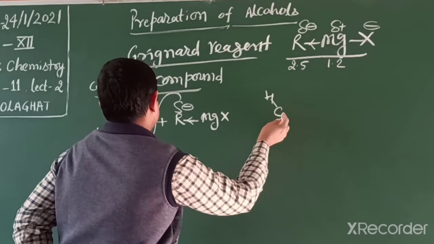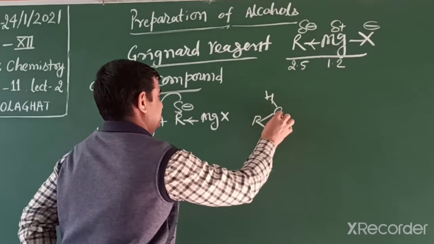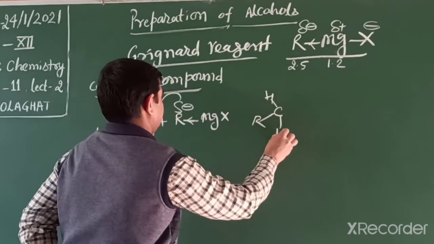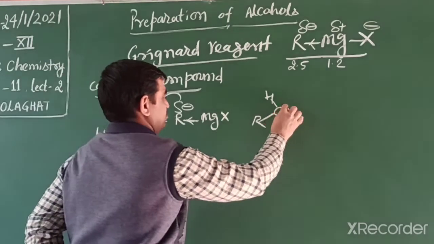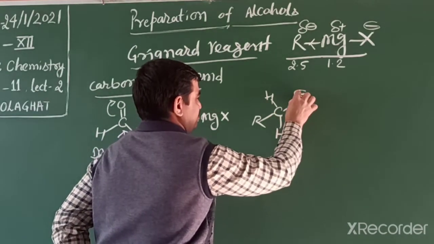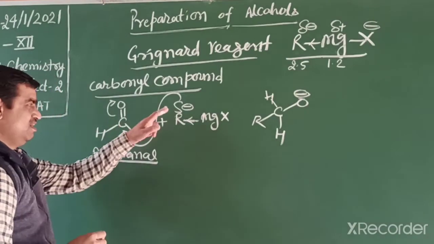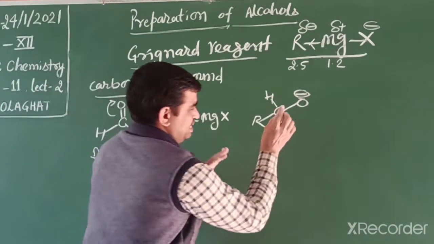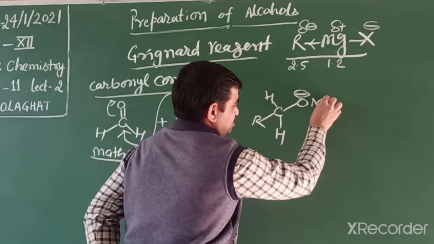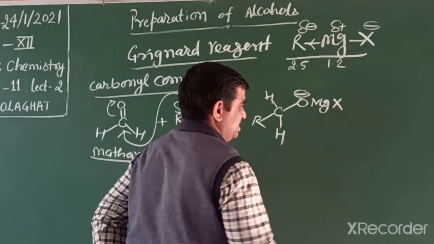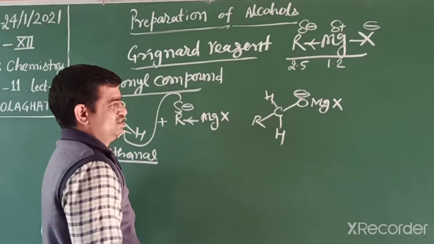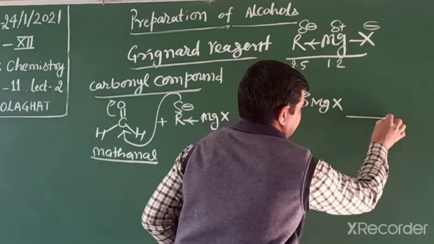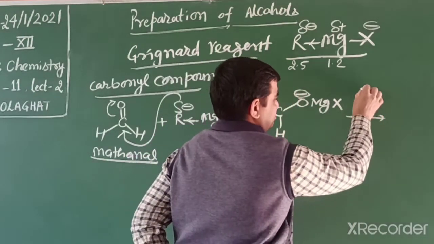H and R react, and further H. Oxygen bears a negative charge. R attacks, so on the negative oxygen, magnesium halide is on this side in ionic form. The next step is known as hydrolysis.